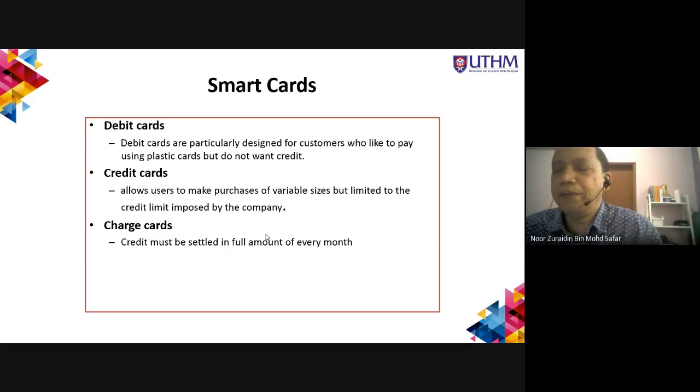Before this, we only had a magnetic strip, and right now we have all of that plus a smart chip. Most cards are getting expensive because of the cost of building the card, but this is for the sake of security.